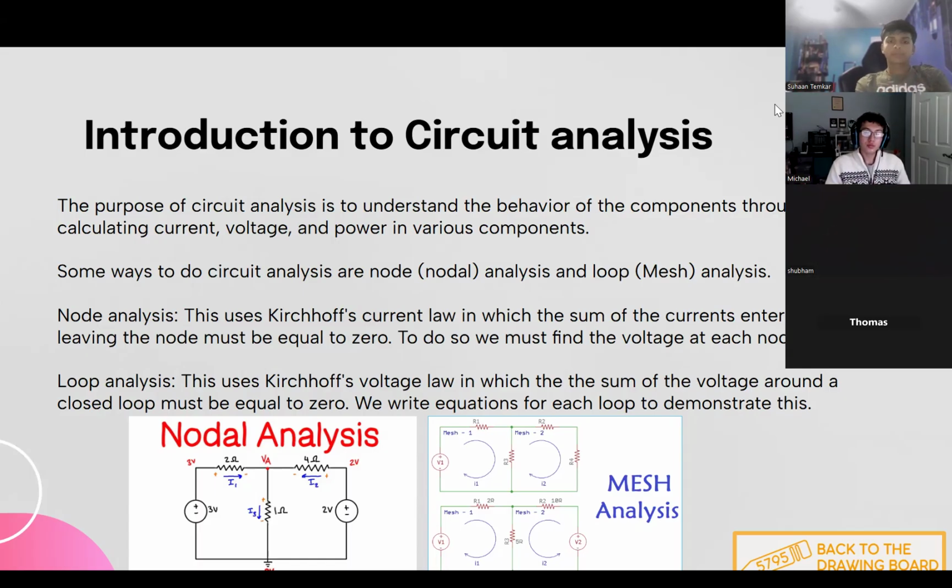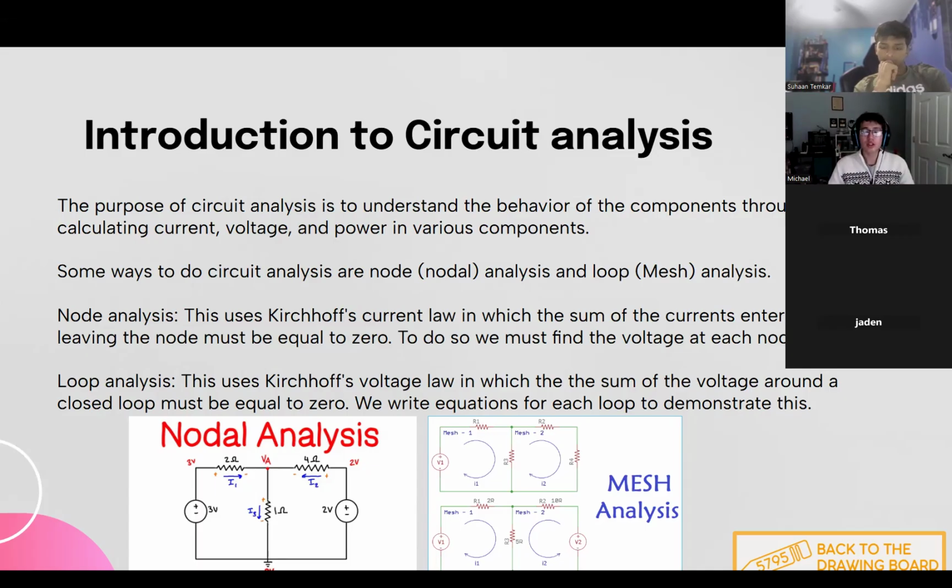So nodal analysis uses Kirchhoff's current law, and basically this says the sum of all currents entering and leaving a node must be zero. Hence the name nodal analysis. The idea is to look at the currents. In that little circuit on the bottom left, we have two batteries, 3 volt and 2 volt. Both of them are pumping current up towards that center point VA.